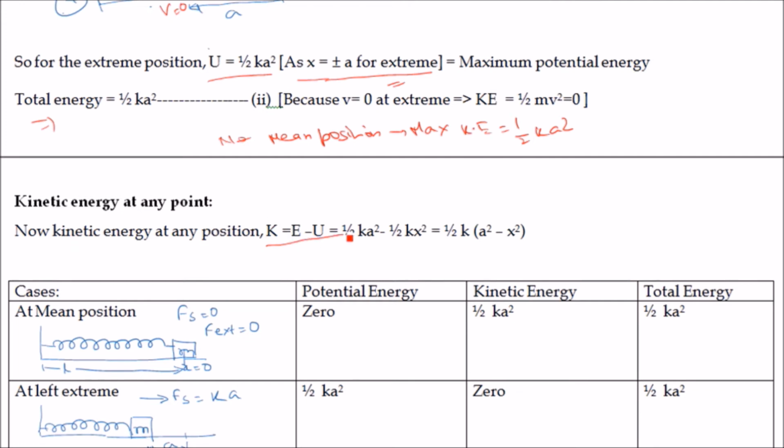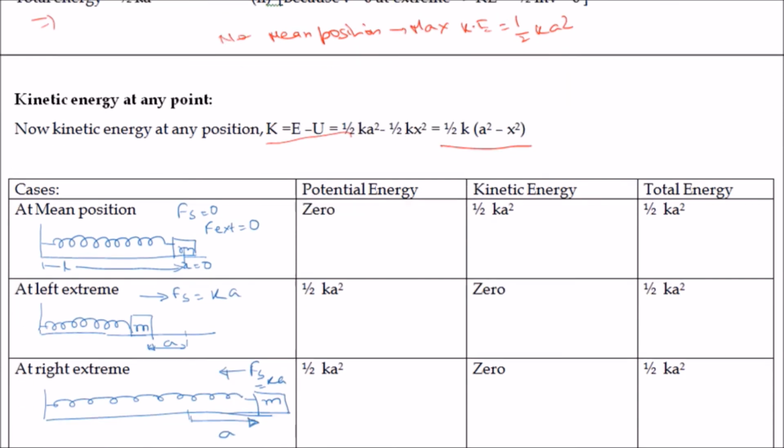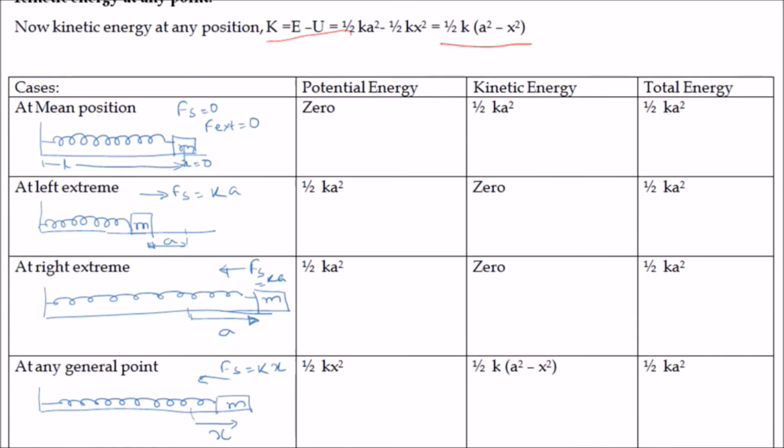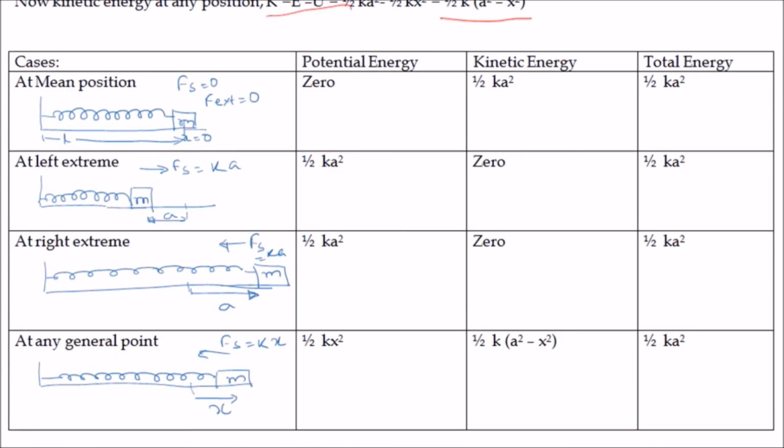So from there we can also get the kinetic energy. The formula of kinetic energy is half kA square minus half kx square, which is equal to half k times (A square minus x square). I have written all this information in a tabular form, and there are four cases.